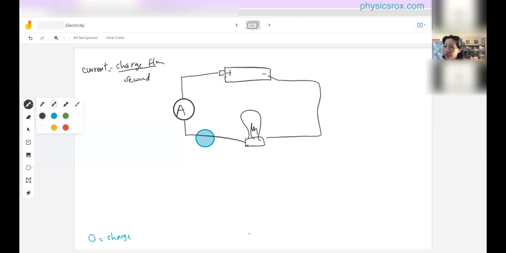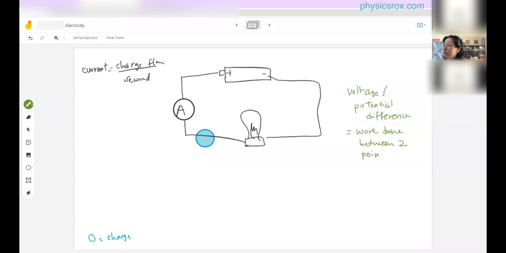But voltage or potential difference, on the other hand, is measuring what? It is measuring work done between 2 points. If you look at the formula, it's divided by the charge now. But let's focus on the top part.